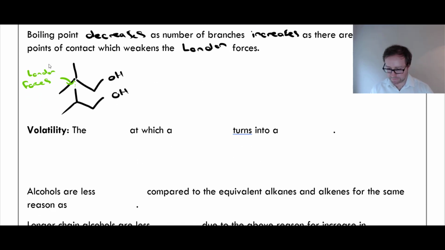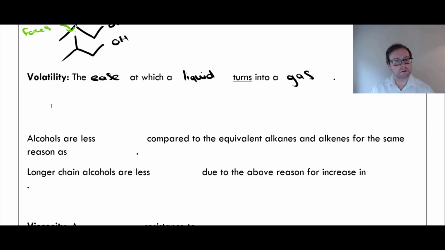Some definitions which you've definitely probably heard before. So volatility is the ease at which a liquid turns to a gas, especially if you've looked at your alkanes videos. So alcohols are less volatile compared to their equivalent alkanes and alkenes for the same reason as boiling point.